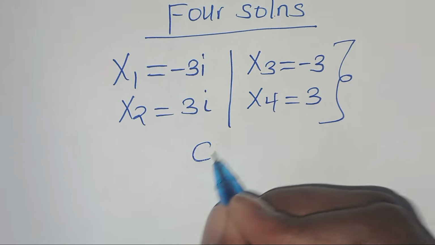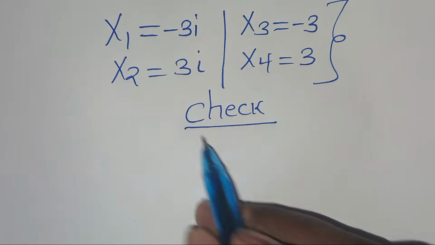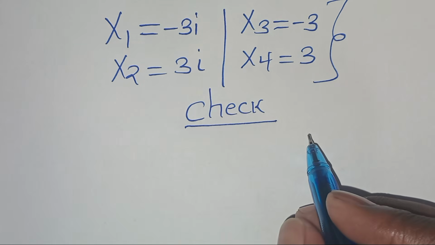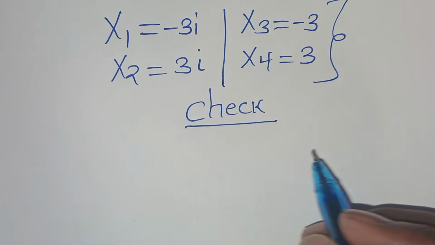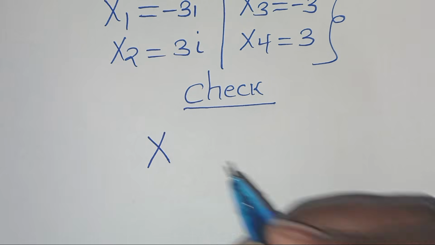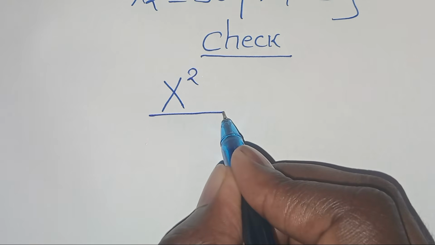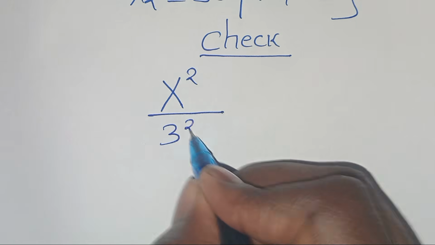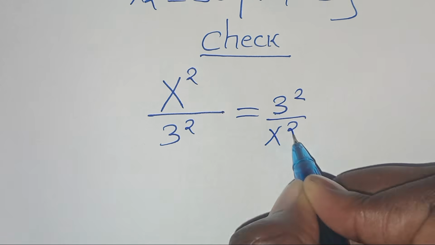The next step is to verify. So let's check if these four solutions satisfy the equation. Now, if you recall, we have x to the power of 2 divided by 3 to the power of 2 equal to 3 to the power of 2 divided by x to the power of 2.